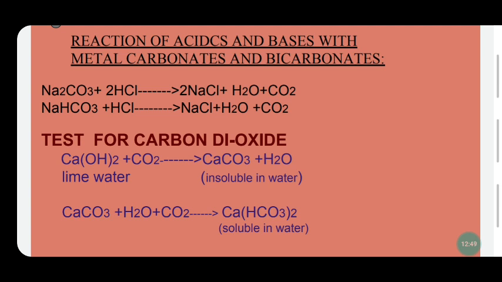There is one more indicator available, called the olfactory indicator, that produces different smells. Coming to the important topic, chemical properties of acids: 5 important chemical properties we discussed. Go through the details. Make short notes about these chemical properties. That's all for today. Thank you.